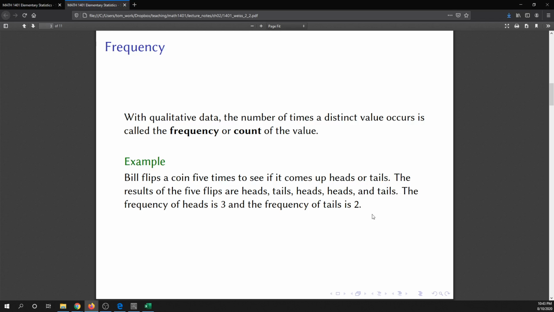In that case, the frequency of heads would be 3 and the frequency of tails would be 2. One of the things that you can do is make a little chart of the frequency. You're just counting up how many heads we have and how many tails we have. So that's called the frequency or the count of the value.